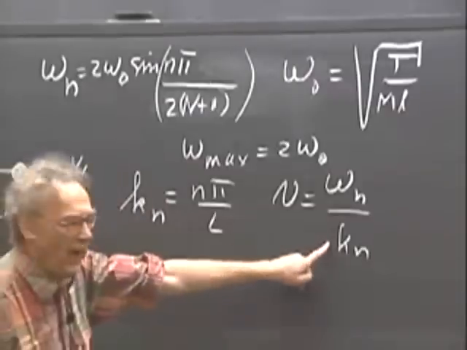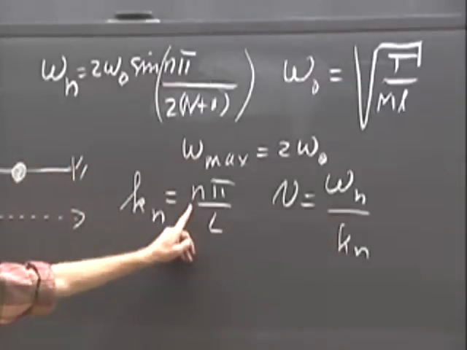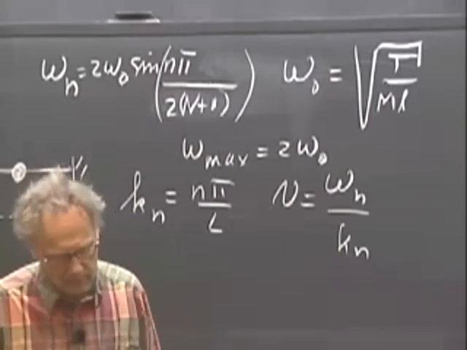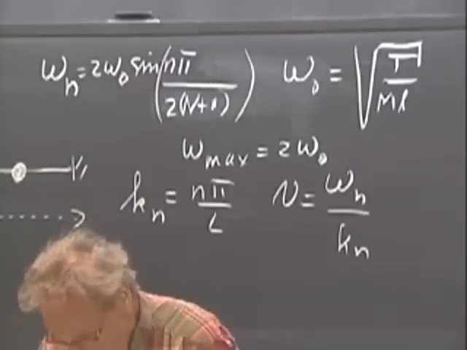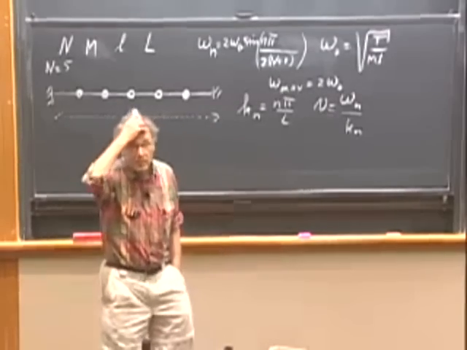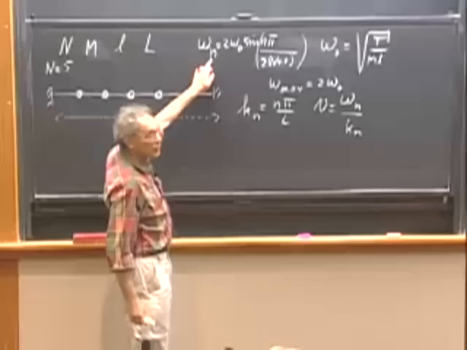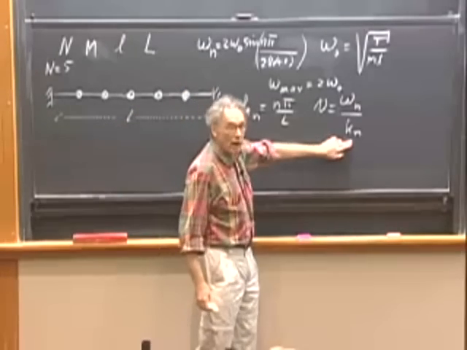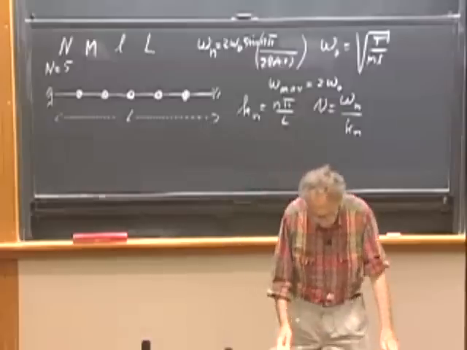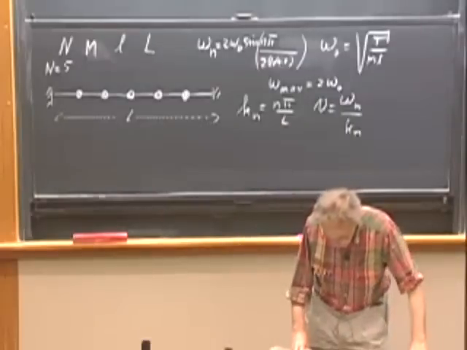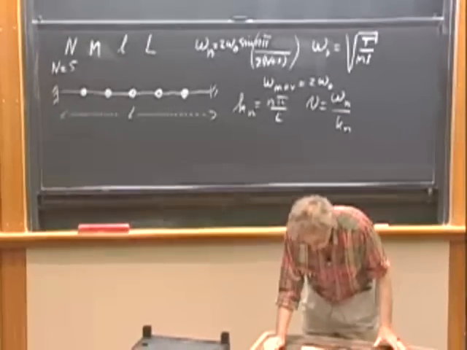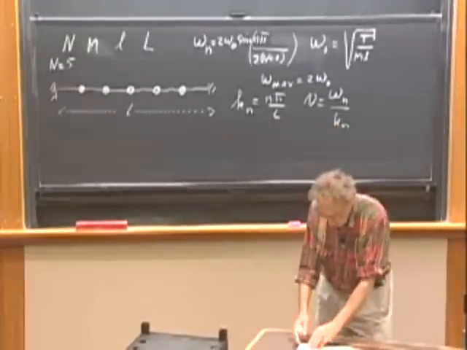And since k n goes up linearly with little n, but omega n does not go up linearly with little n, it is clear that the speed of propagation is lower for higher frequencies. Because when you go to higher values of little n, k goes linearly up, but omega n goes slower. And so you see here an example of dispersion, namely that the speed of propagation is lower for higher frequencies than for lower frequencies. And therefore, it also depends on wavelength.